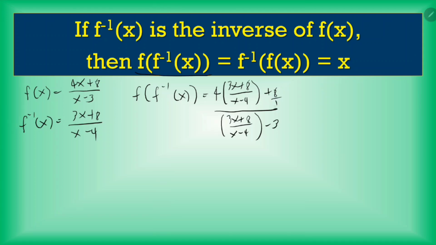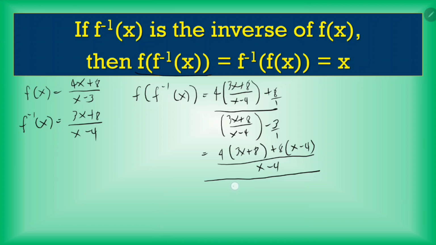So yan, dahil may nakita kayo dyan whole number, so we can just simply multiply that to the denominator. Nagawa na natin ito dun sa solving rational equation. So pwede natin siyang i-multiply na lang dyan para maging same sila ng denominator. So we have 4 times 3x plus 8 plus 8 times x minus 4 all over x minus 4.